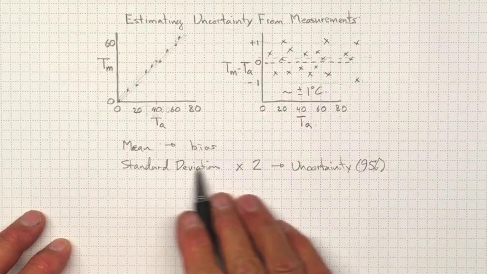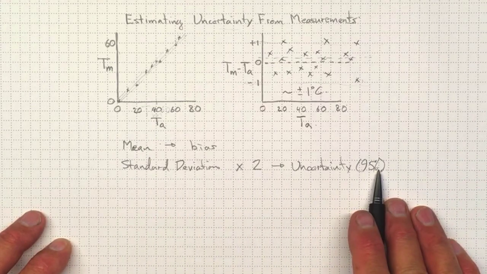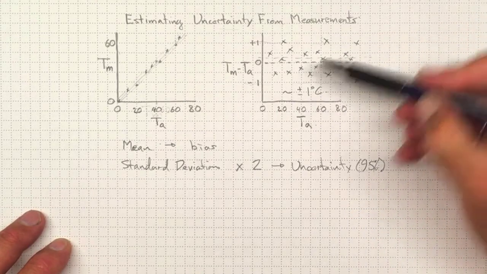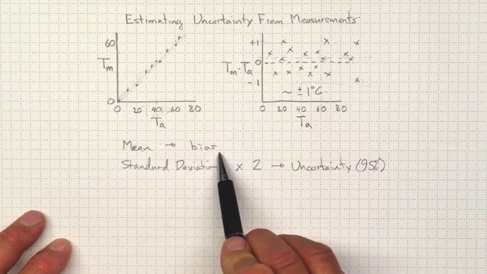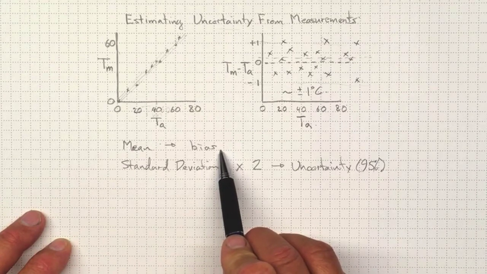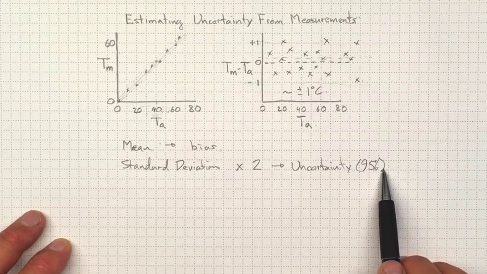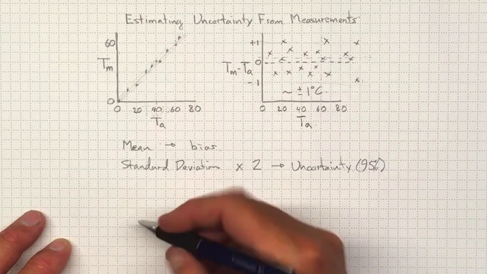So the simplest way to get a pretty good uncertainty estimate: measure a whole lot of errors, make sure that the mean is small, or if it isn't small, that you adjust your measurement technique to make it 0, and then calculate the standard deviation. And 2 times the standard deviation gives me my uncertainty at 95%.